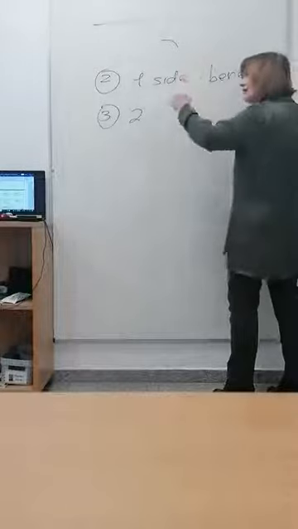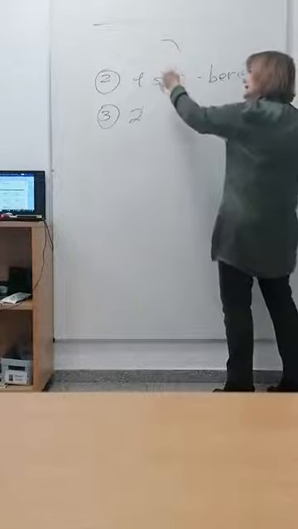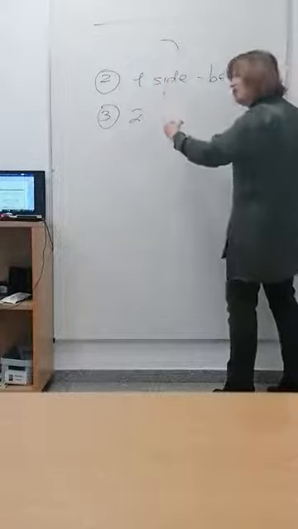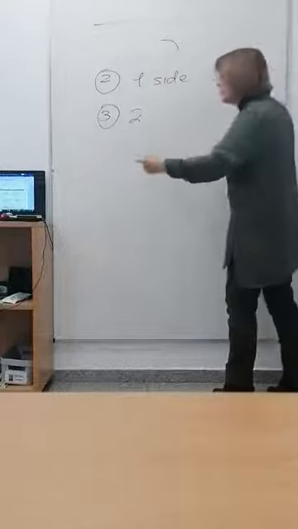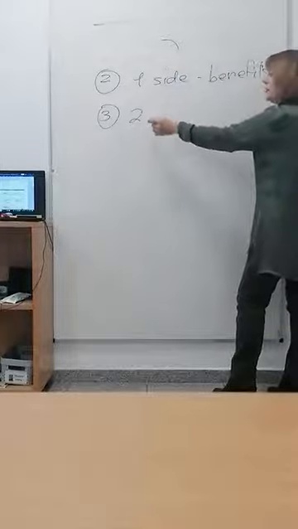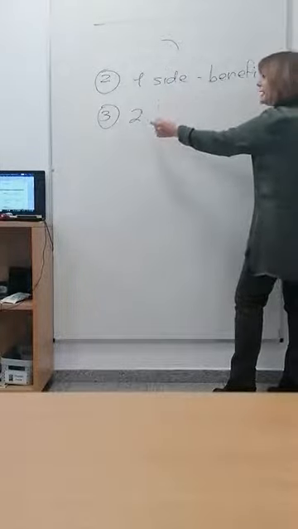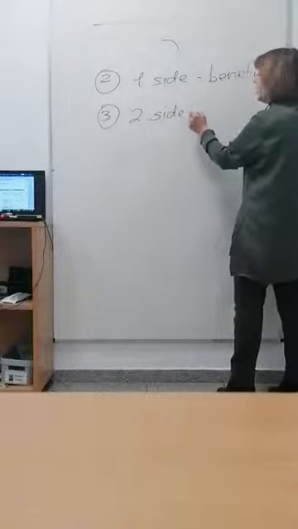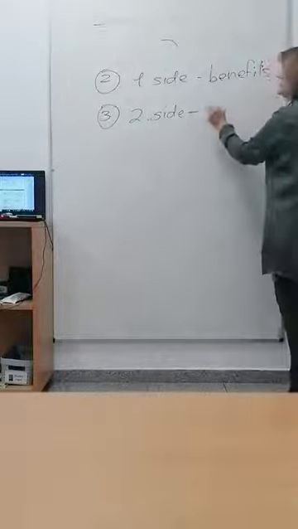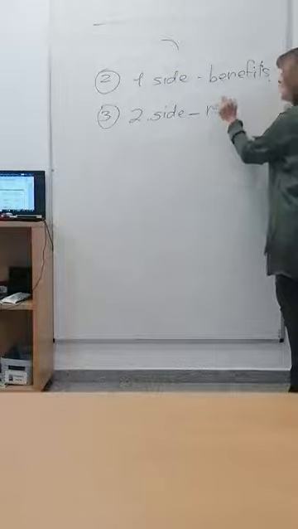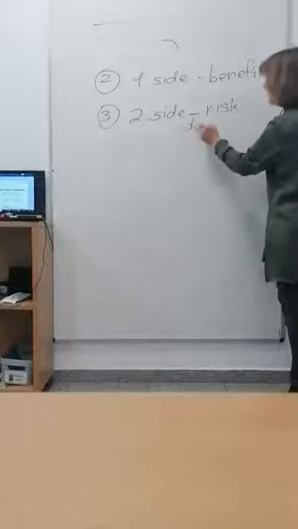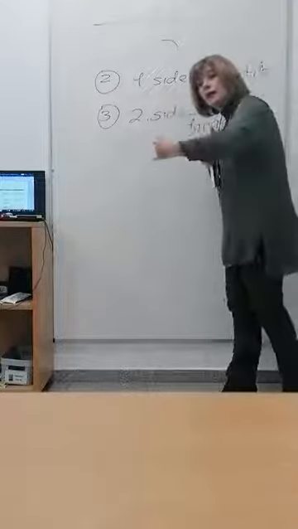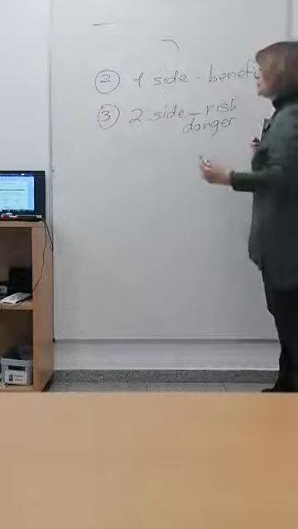Usually the side that you write first is the one that you agree with, just in case you run out of time. The third paragraph will begin with the second side. In this case, it will be talking about risky behaviour and danger, related to things like smoking, drinking, going around too fast on motorbikes.